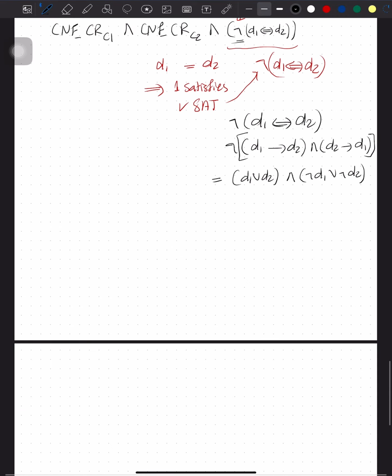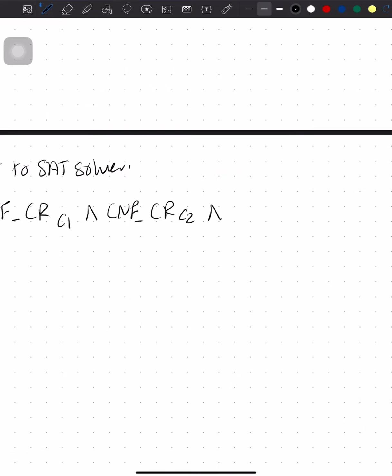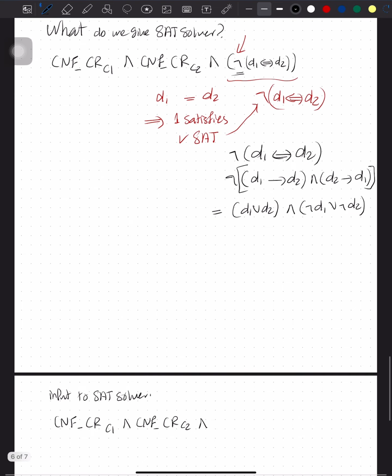Okay, so what will be the input to the SAT solver? We need the CNF form for the characteristic relationship for circuit 1. This is going to be ANDed with the CNF characteristic relationship for C2. And this will be ANDed with our validity check, which is this.